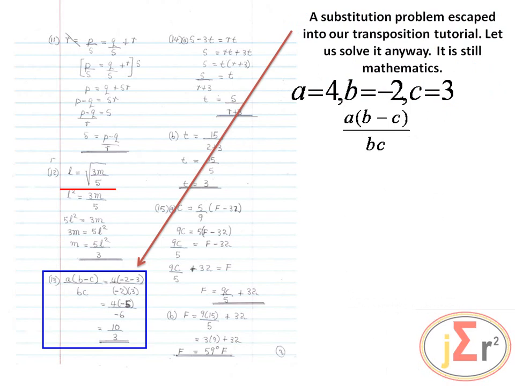What do we have here? A substitution problem escaped into our transposition tutorials. I am happy for that, because sometimes we get programmed by the fact that we are doing mathematics problem of a particular nature, and therefore anything else is an impossibility to us.